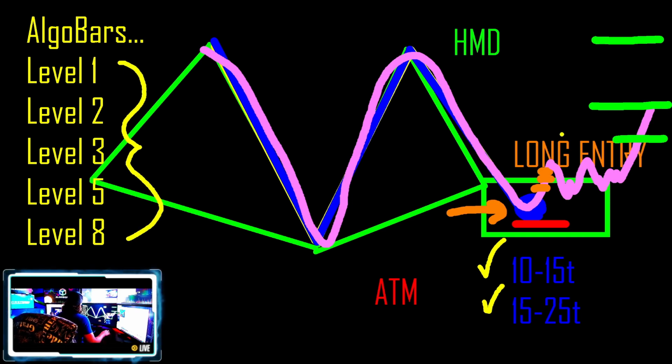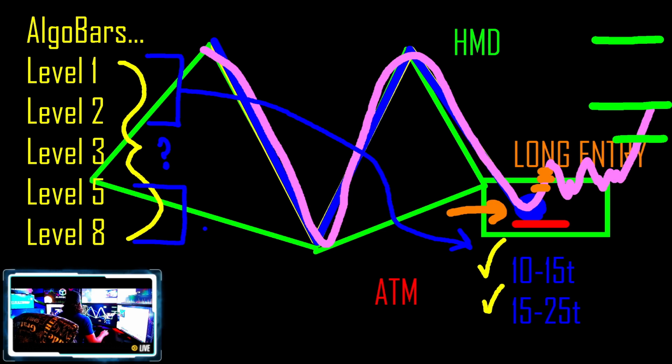If one of these shows up on this set on a level 1 or 2, I am looking for the 10 and 15. If this lands on a 3, it can be either one. Take your pick. It depends on other things going on in the market. However, if one of these shows up on a 5 or an 8, I definitely want to be taking the 15 or the 25. So you might be asking, how do I do that on the fly?